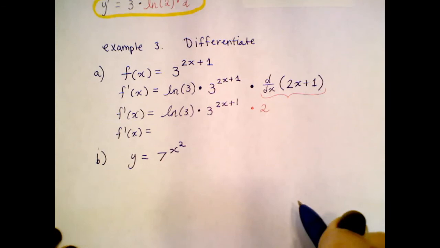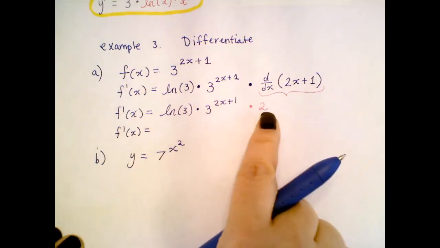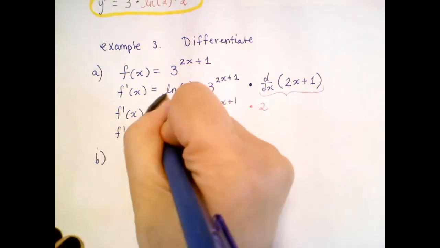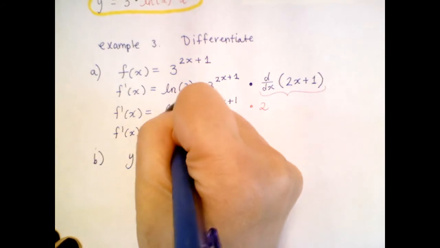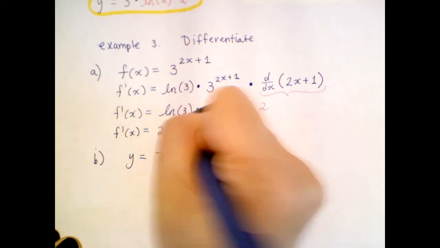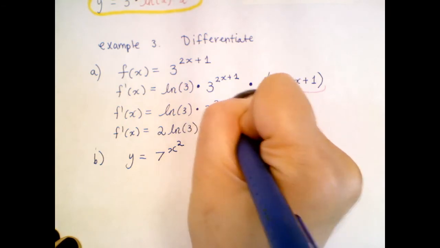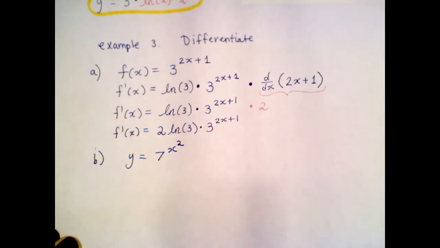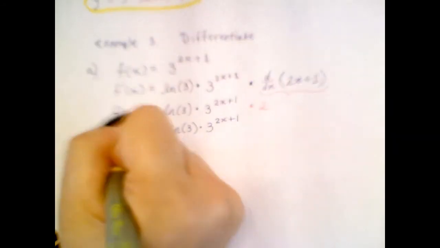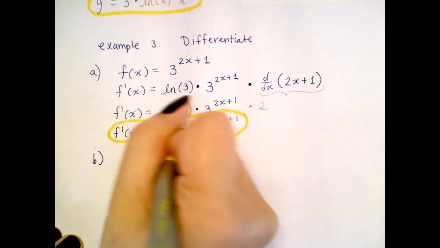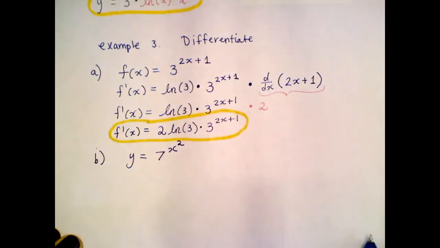So f prime of x equals, let me just write that 2 in front of everybody. 2 times natural log of 3 times 3 raised to the 2x plus 1. Okay. And I'm sure if you type in this, you'll be fine. You're going to say, oh, you got it right.